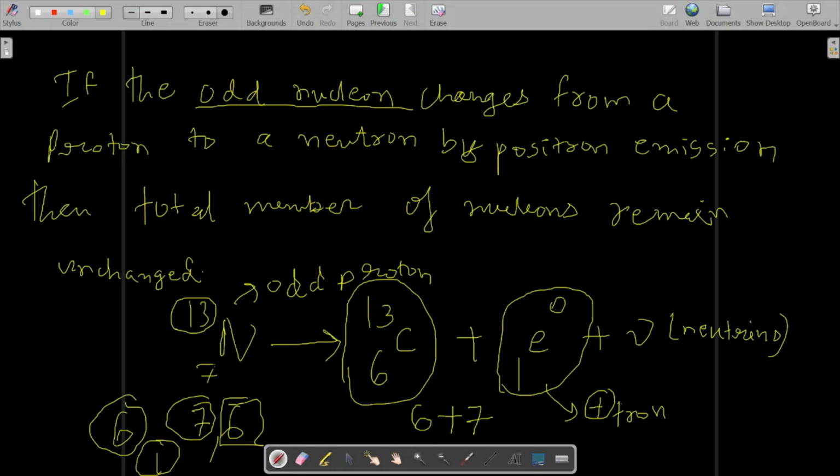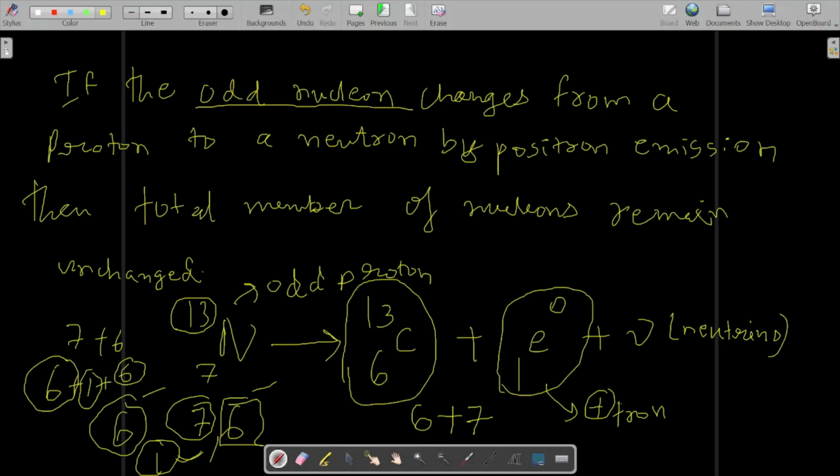The 6 and 6 formed pairs, but one odd proton remained. When that odd proton changes to a neutron by positron emission, the total number of nucleons remains unchanged. These 6 remain unchanged, and these 6 also remain unchanged, but this one odd proton changes to a neutron, and a positron is emitted.